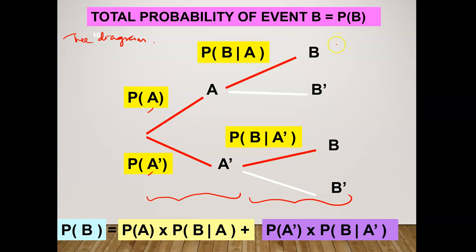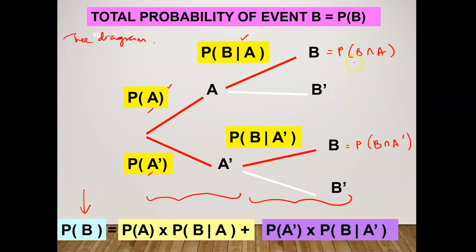When you multiply P(A) and P(B given A), you get P(B intersect A). And then the other branch gives P(B intersect A prime). So P(B) is given by P(A) multiplied with P(B given A) plus P(A prime) multiplied with P(B given A prime). B intersect A plus B intersect A prime gives the overall B.